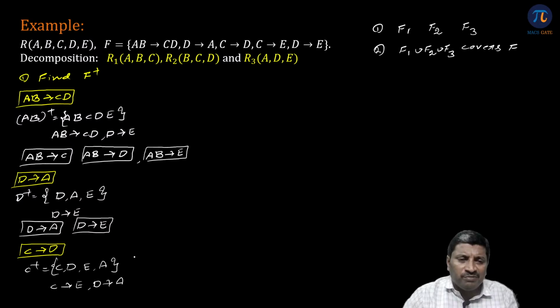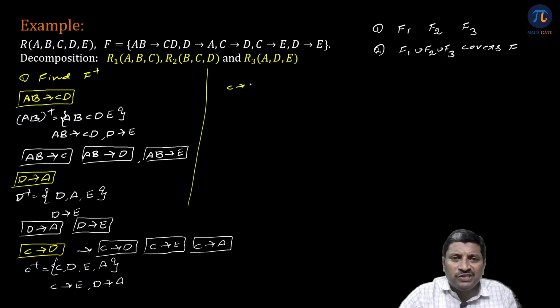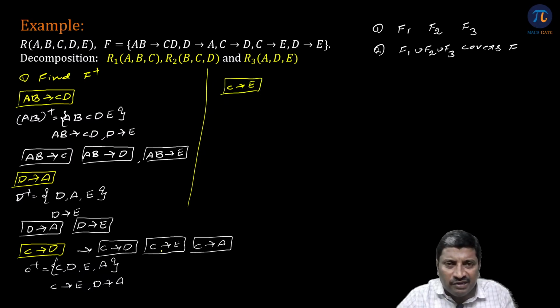So what can you write from this, sir? Let me write it here. C implies D, C implies E, C implies A. What is the fourth one, sir? C implies E. Sir, with the C, we already wrote all the valid FDs, so no need to consider it, right?